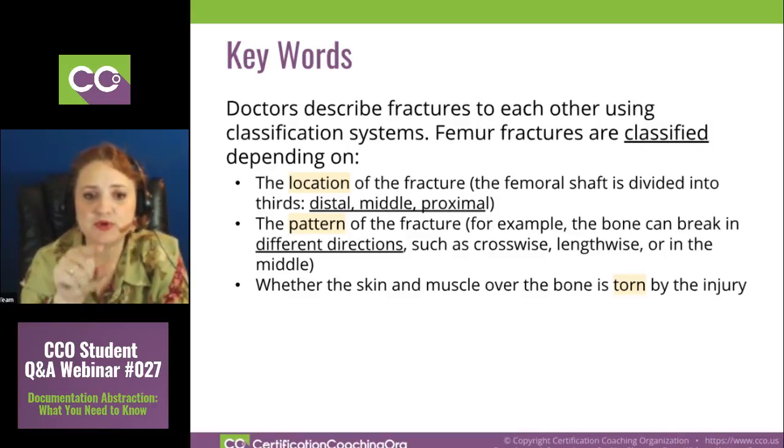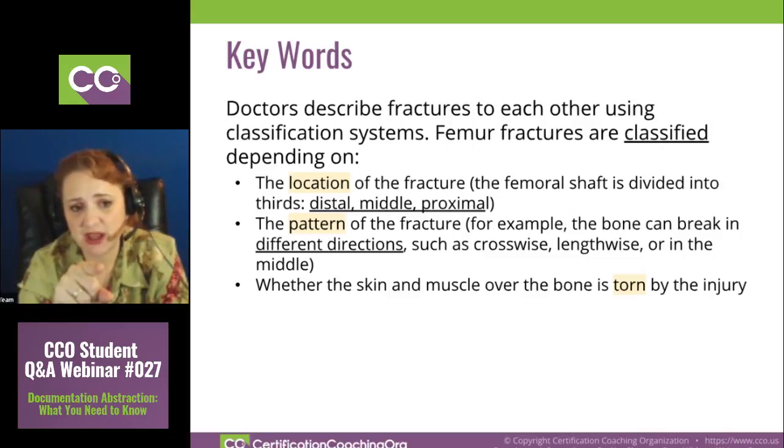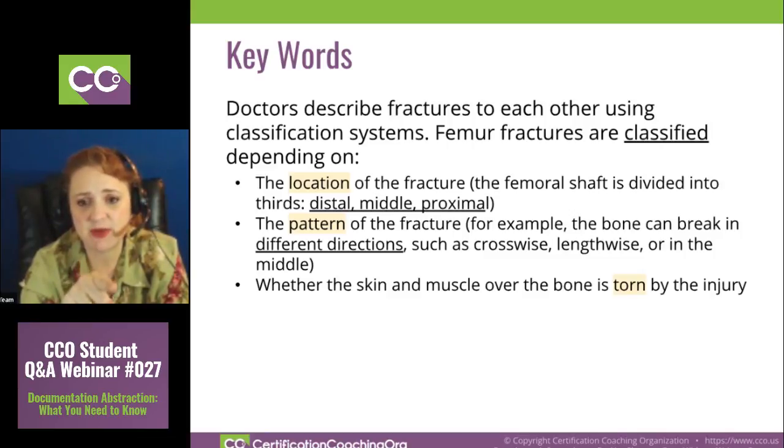Right. Now, we're going to pull something out of each one of these bullets because we know there's got to be something important. So at first glance, I'm pulling out the first one, location, second one, pattern, third one, well, torn. And you're thinking, what does that have to do with fractures? Something's torn? Okay. So, or it might be skin and muscle that jumps off the page.